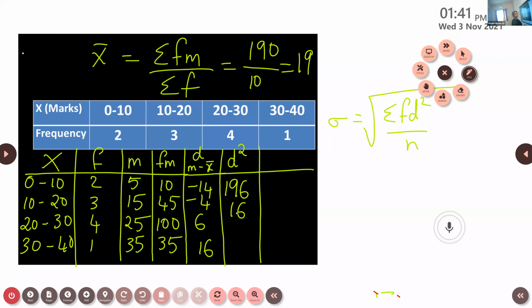Basuri, what is D square, third one? Abhijit, third one. This is the D, 6, third one. So what is D square?